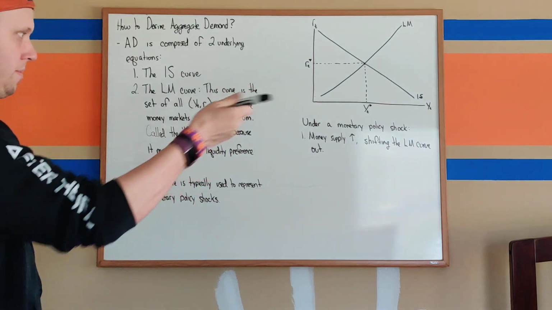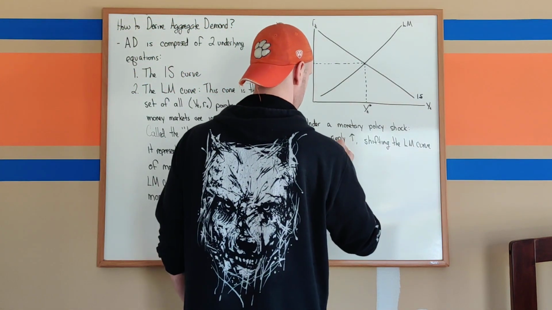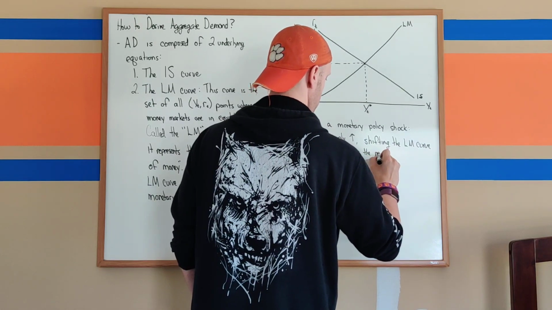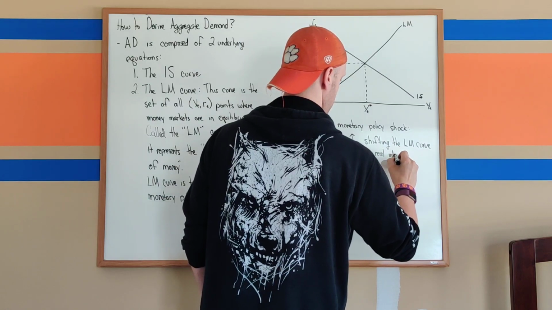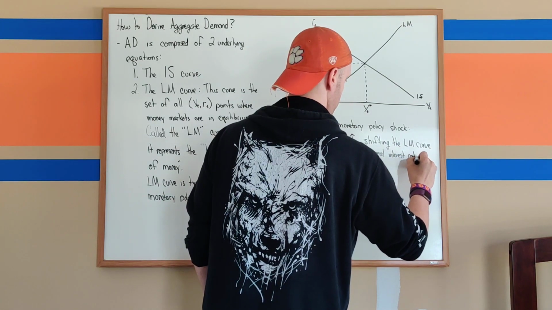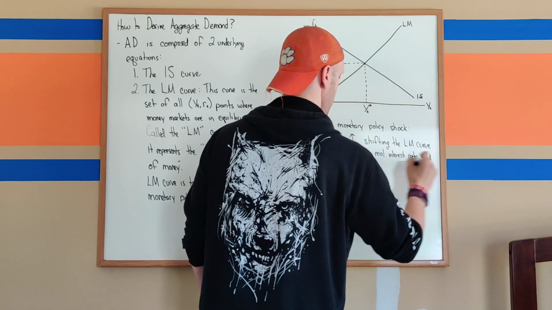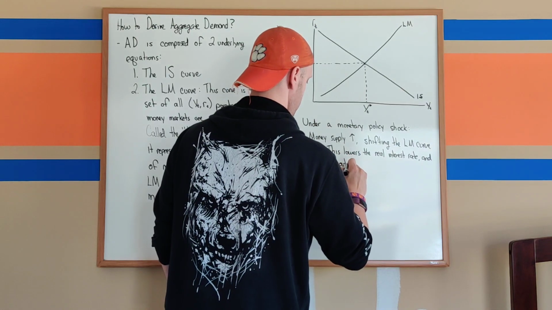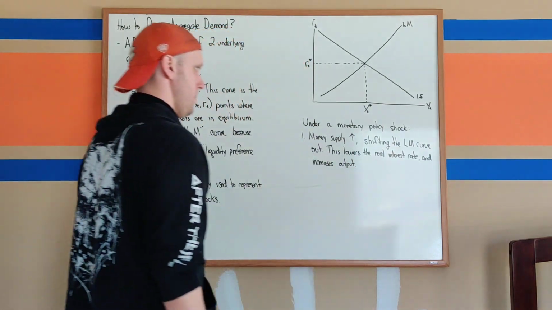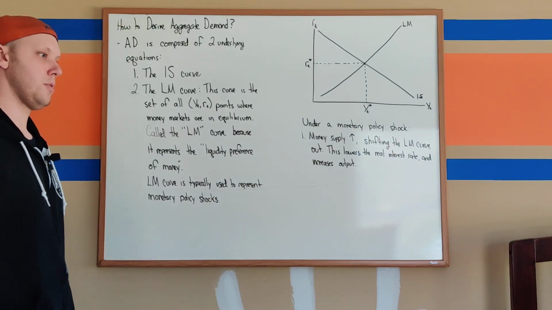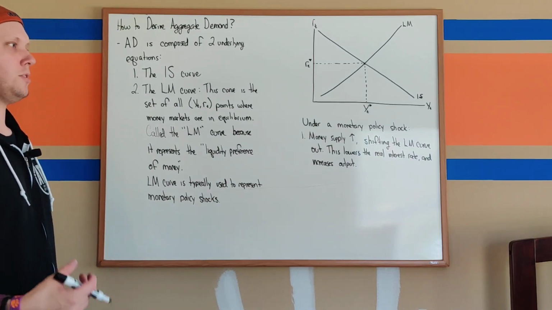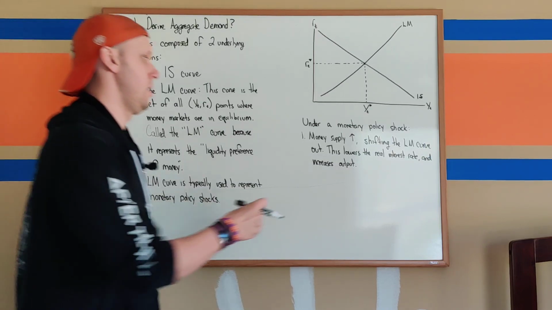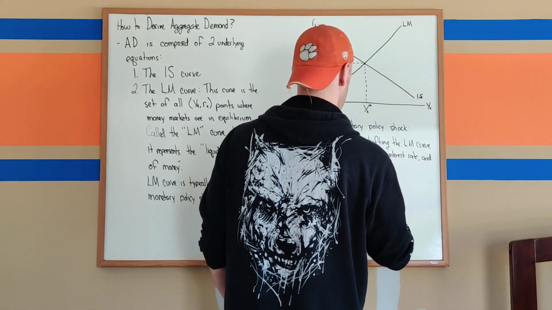So it would shift to the right. And increases output. Although it's not increasing output from the supply side, it's really increasing the demand for output. So let's say instead of output, we'll say output demand.